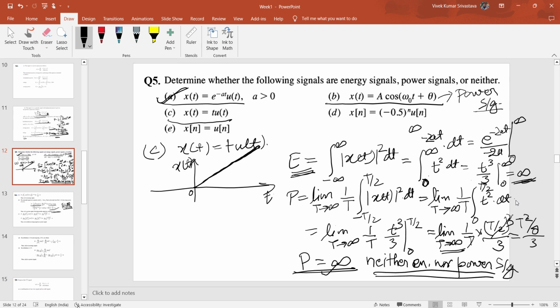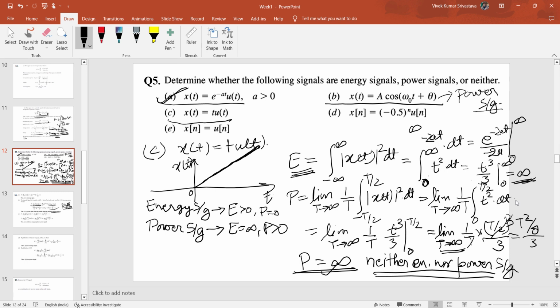Okay, so we have seen three conditions: a signal is an energy signal when energy is finite and power is zero, whereas the signal is a power signal when energy is infinite and power is finite.